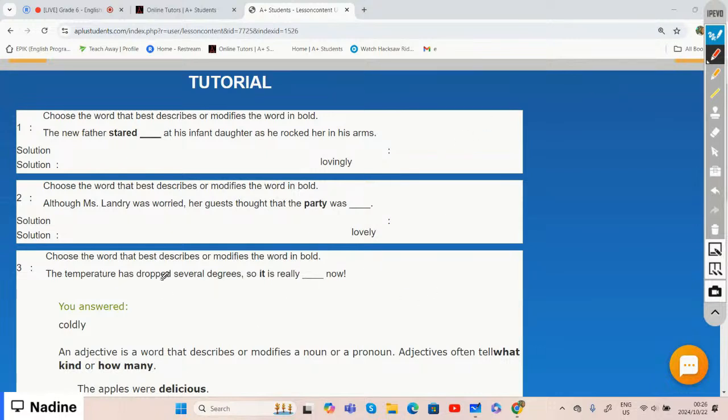The next one says, although Miss Landry was worried, her guests thought that the party was. And we can say lovely.